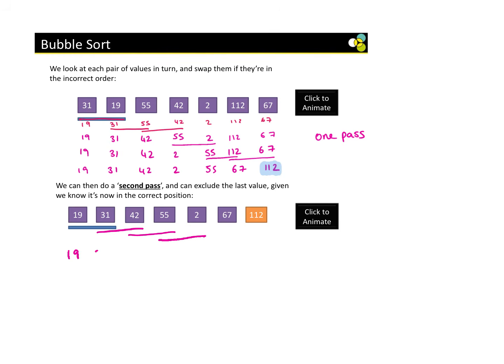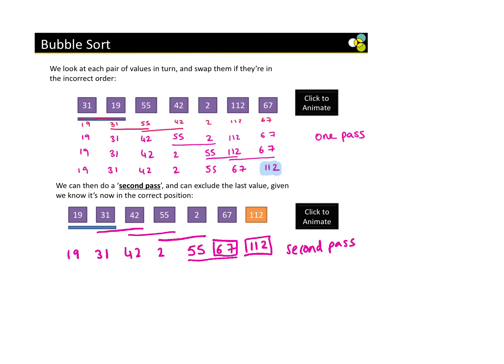This would now be 19, 31, 42, 2, 55, 67, 112. But again, we don't need to worry about that, it's boxed off. And then lastly, 55 and 67, no change. So after the second pass, we know that 67 is also in the right place. We keep going and we stop if there are no swaps or passes.